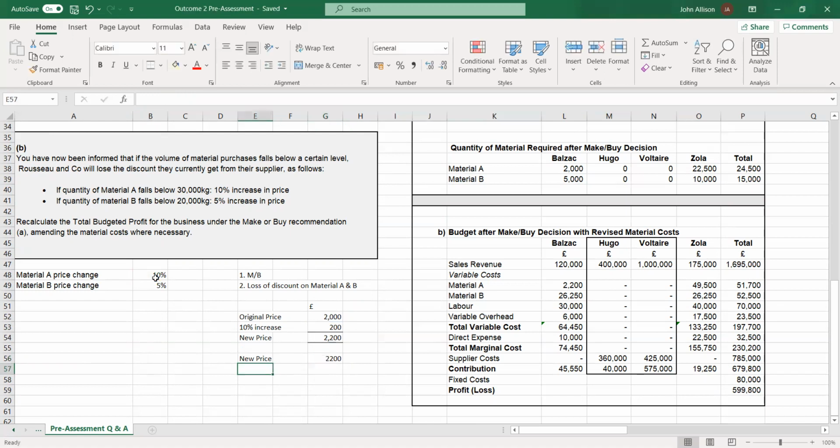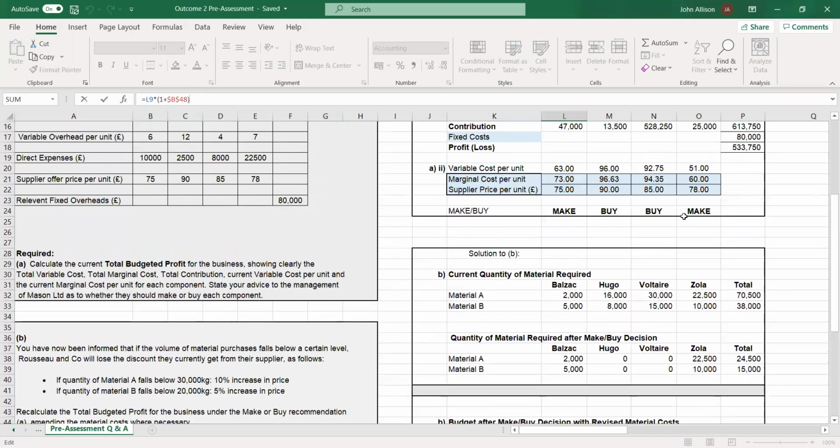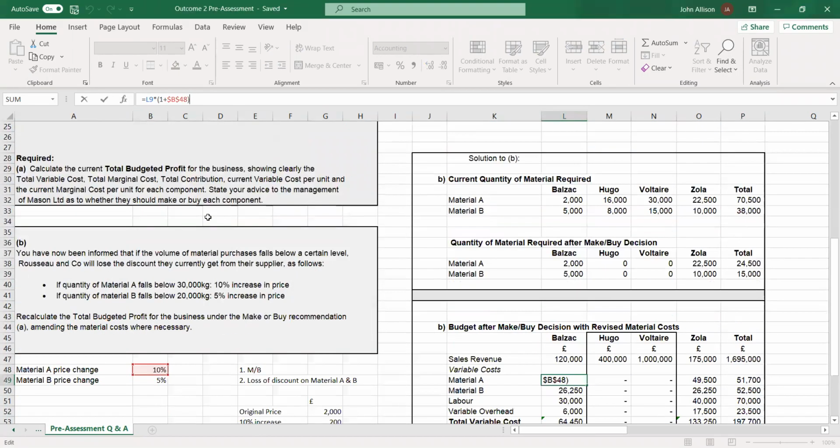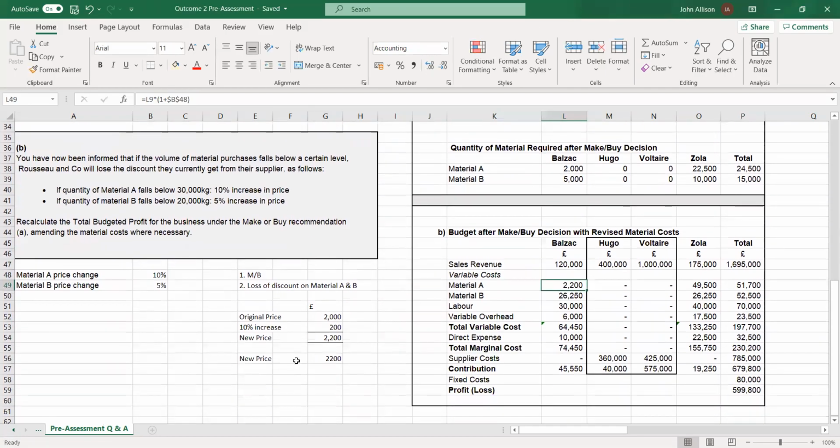So 2,000 times 1.1 gives us 2,200. What I've done here is the original price, the 2,000, times 1 plus the price change of 10%, which gives me 2,200. So again, you could do it in Excel, or you could do it in the calculator, just 2,000 times 1.1.